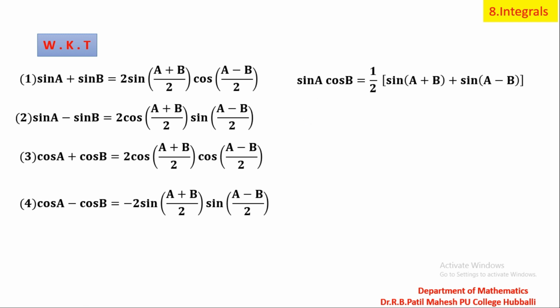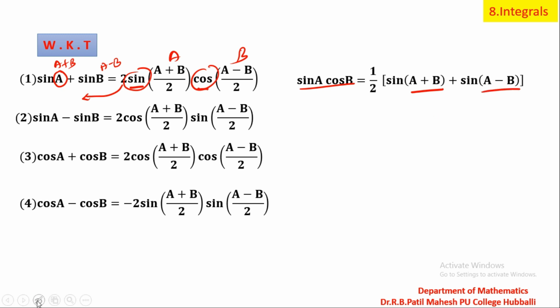You can observe here in the RHS, sin A into cos B, taking this 2 to the left hand side, so that 1 by 2 sin of, in place of A you will write A plus B, in place of B you will write A minus B, so that you are going to get sin A into cos B is equal to 1 by 2 into sin of (A plus B) plus sin of (A minus B).